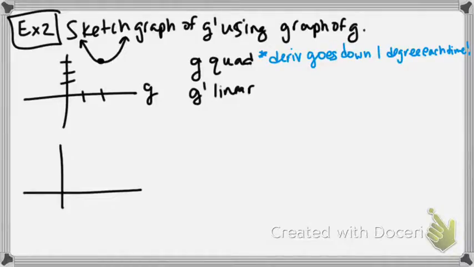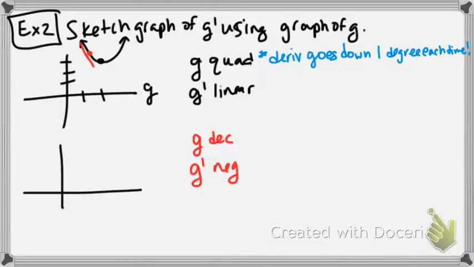Now, I know some things about my line. I know that g starts out decreasing right here. And because of that, the slopes or the derivatives are going to be negative. When g is decreasing, its derivative or its slope is negative.